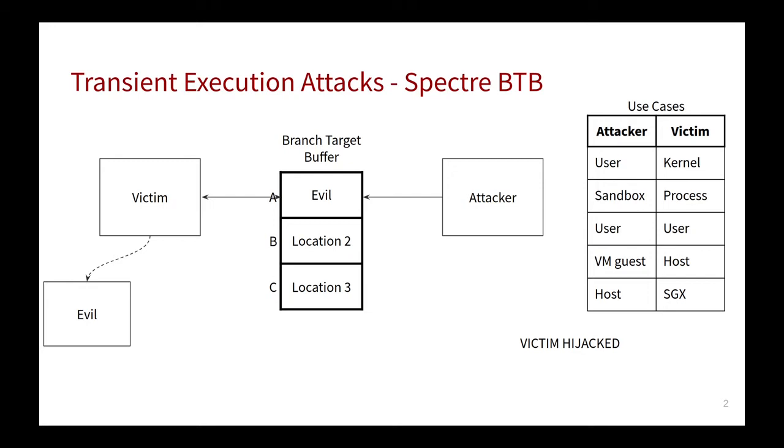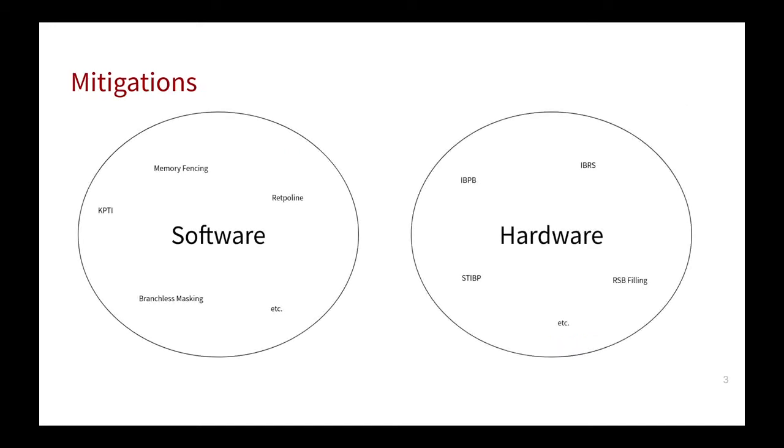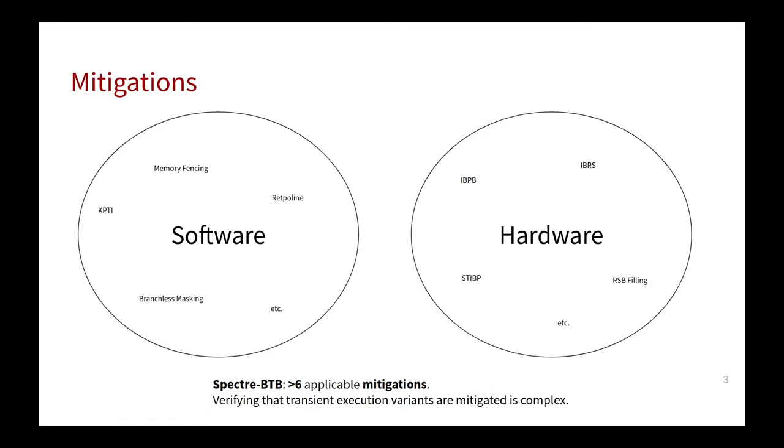Luckily for us, we have several mitigations available now for transient execution attacks. We have software mitigations and hardware mitigations, and just think that for Spectre BTB, we have more than 6 applicable mitigations. So why so many mitigations, right?